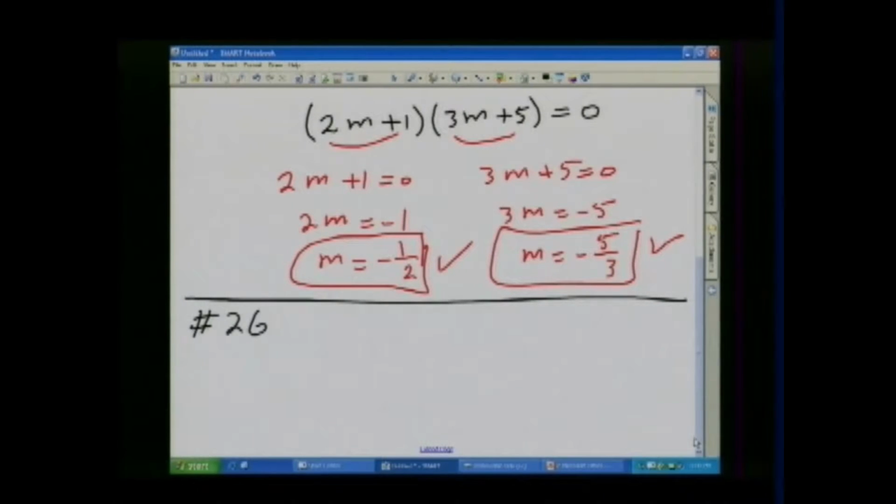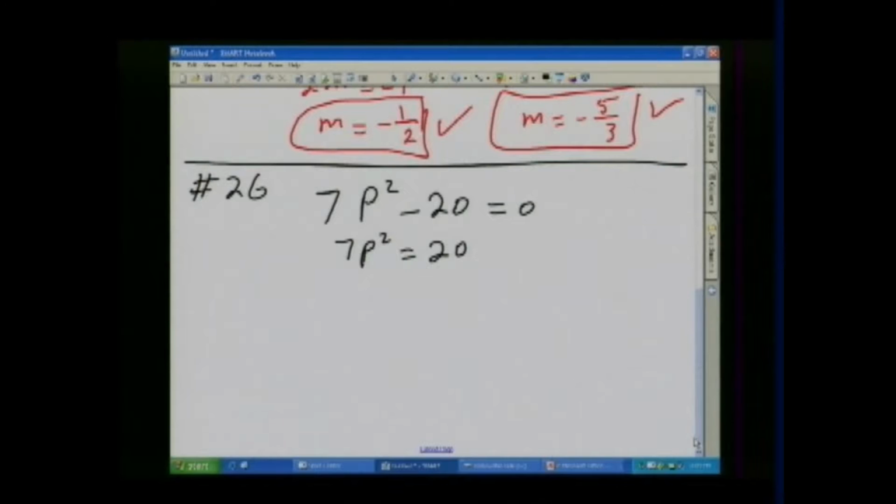Number 26, it says solve the equation by completing the square. You have 7p squared minus 20 equal to 0. One way to solve this, since we don't have basically any middle term, we can solve this as 7p squared equal to, take 20 to the other side, it would be a plus 20.